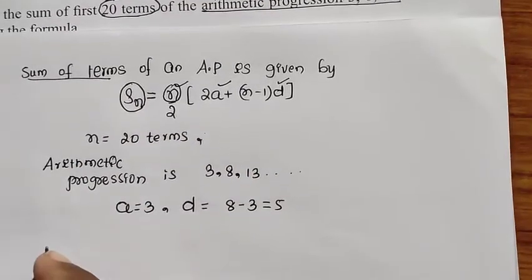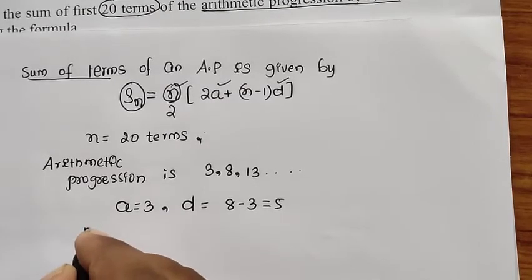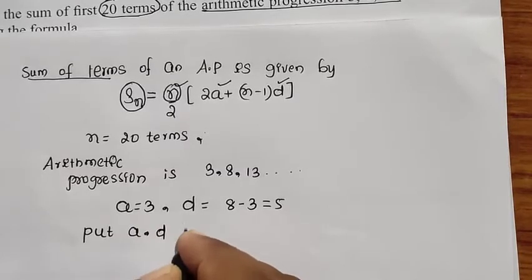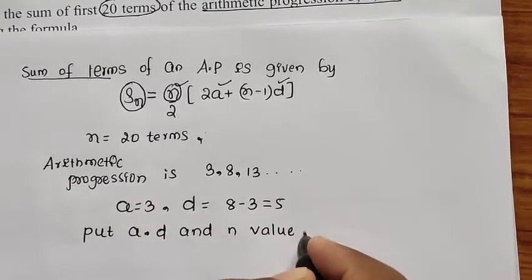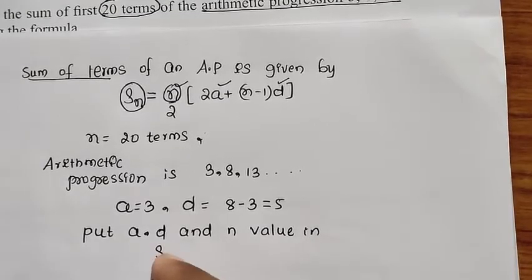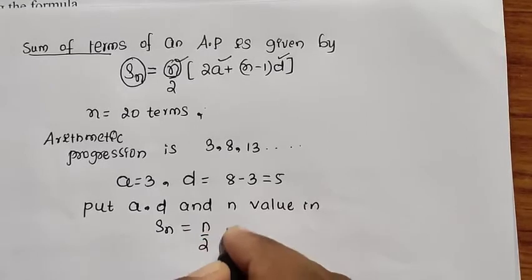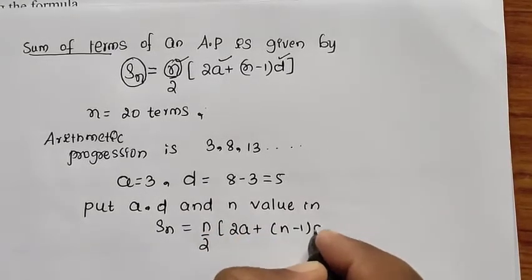So now we will put the a, d and n values in the Sn formula. So Sn is equal to n by 2 times 2a plus n minus 1 times d.